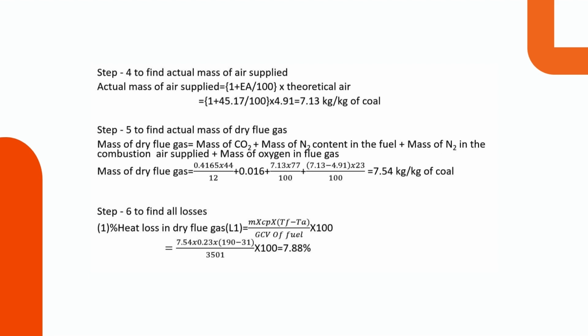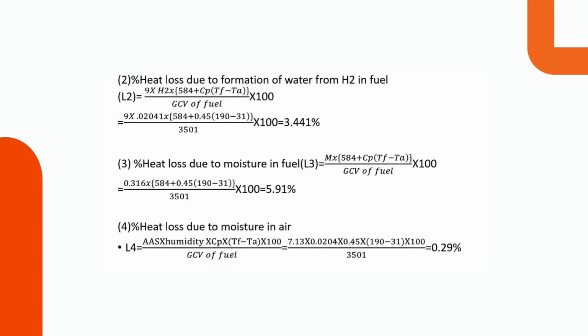Step 6. To find all the losses. First, percent heat loss in dry flue gas L1 is 7.88%. Second, percent heat loss due to formation of water from H2 in fuel L2, while substituting we will get 3.441%.